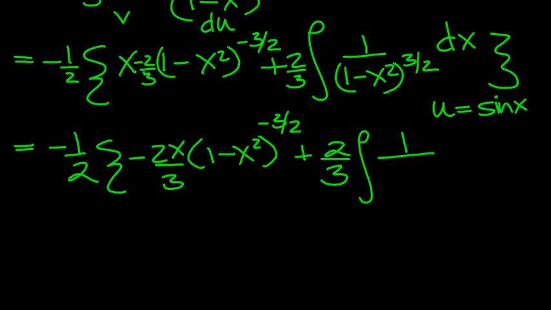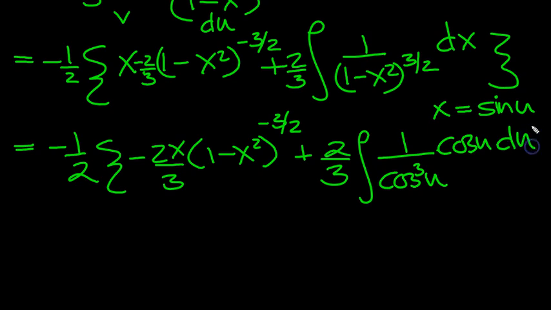Let x equals sine u in this, so we're going to have 1 over (1 minus sine squared), which is cos squared as we said. Cos squared to the half is cos, and it'll be cos cubed u, and then dx du is cos u, and that's du.